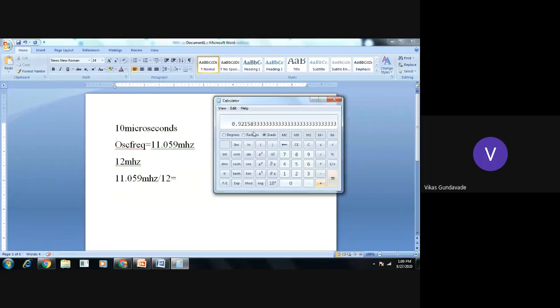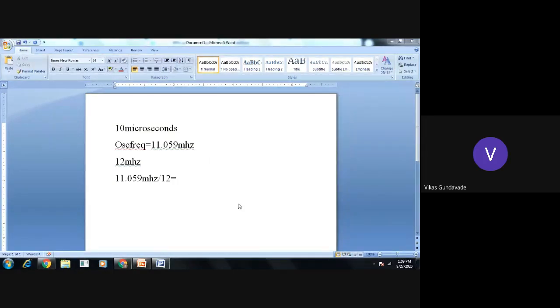The result is 0.921. So the oscillator frequency which is required for the timer is 0.921 megahertz. That is the frequency which is available for the timer. Now from this frequency we need to calculate the time.